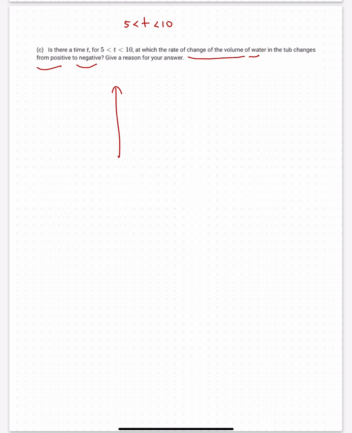So in this case, here is t and w prime of t, and that 5 and 10. Is that your curve? I can draw it vertical like this because it is easy to understand. It changes from positive to negative. So that means there must be at least one value of t that makes w prime of t equal 0.